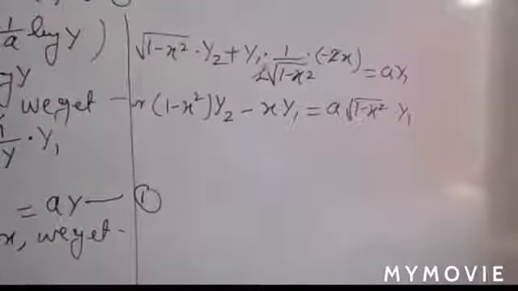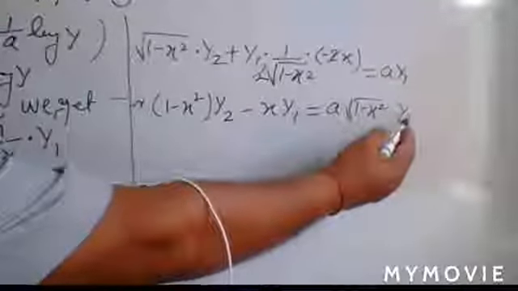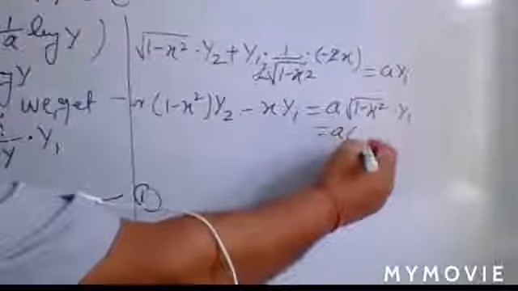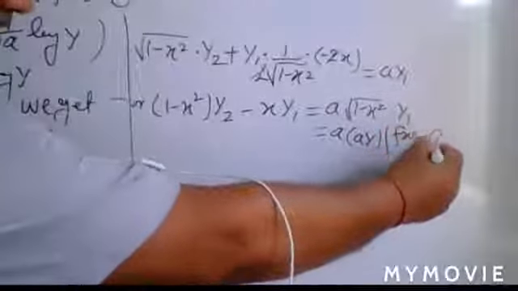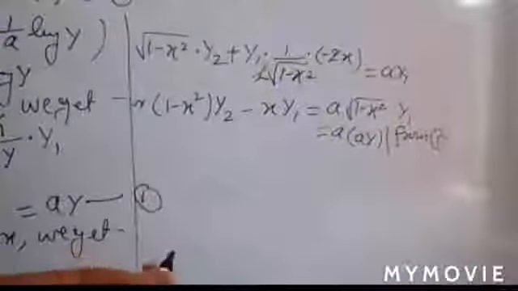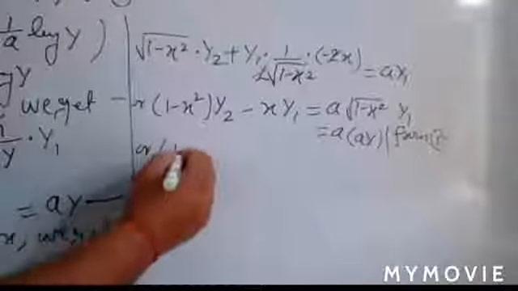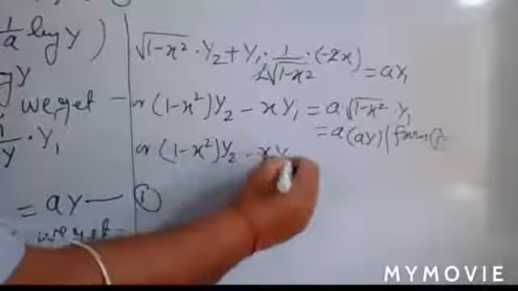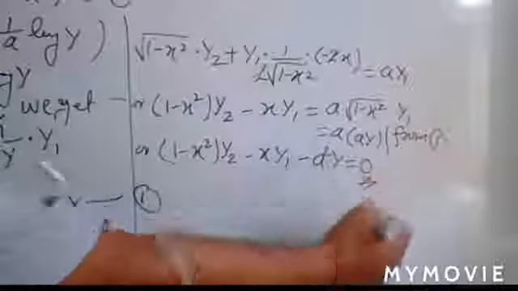So in place of under root 1 minus x square into y1, put ay, which gives a into ay, using the first equation. Now transposing all the terms to the left side, you have your result: 1 minus x square into y2 minus x into y1 minus a square y is equal to 0. So that proves your result.